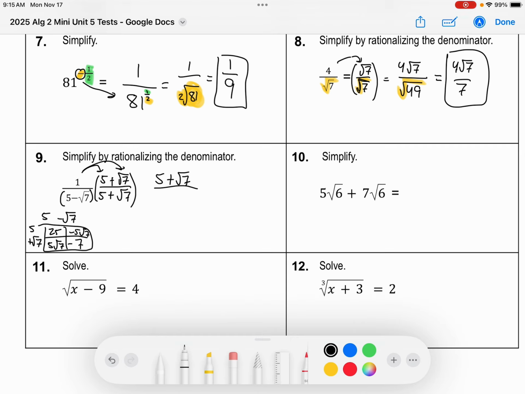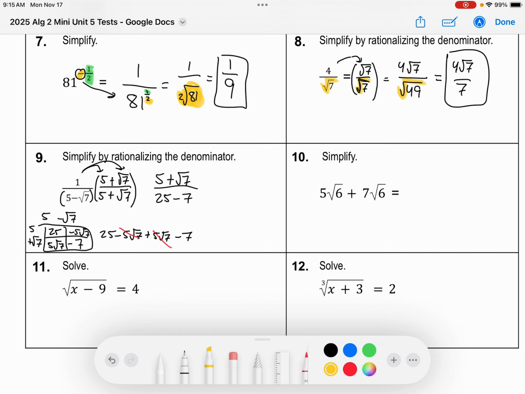So we can continue with this. We would get 25 minus 5 square root of 7 plus 5 square root of 7 minus 7. And we can find that this does help us out because negative 5 square root of 7 cancels out with plus 5 square root of 7. So when we multiply these together, we get just 25 minus 7.